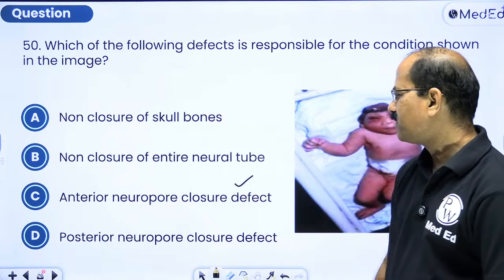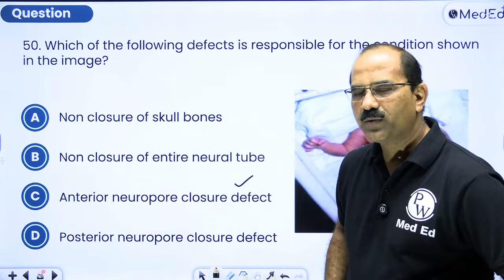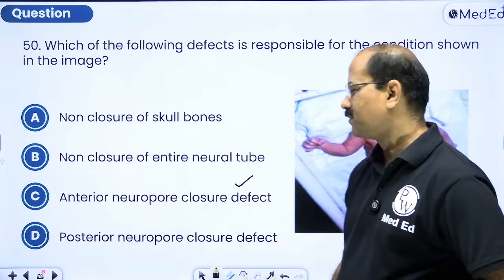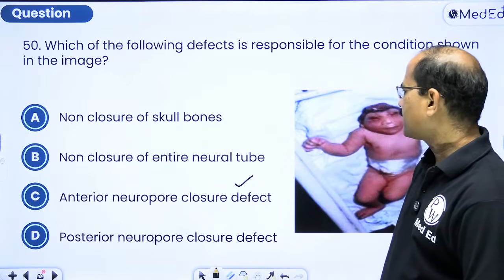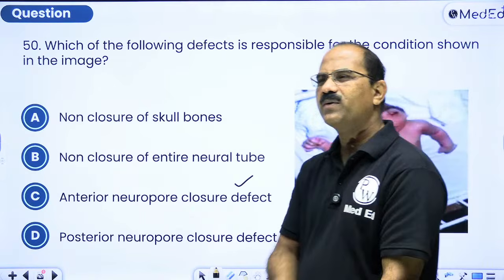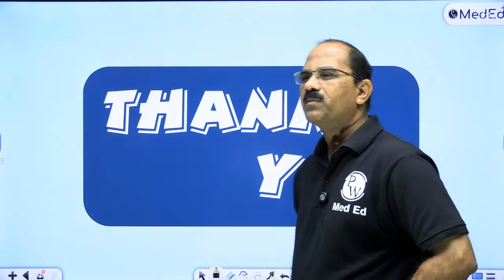Anterior neuropore closure defect. Failure of closure of anterior neuropore is anencephaly. Posterior neuropore से क्या होगा? Spina bifida. So anterior cranial neuropore defect. हाँ, तो ऐसे visual slides होंगे which will be given to you, which you have to remember.